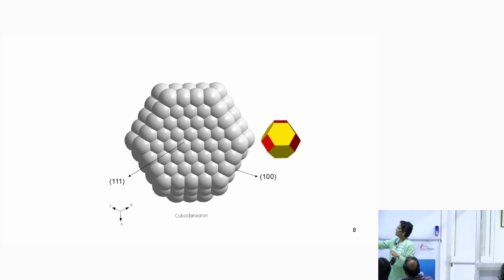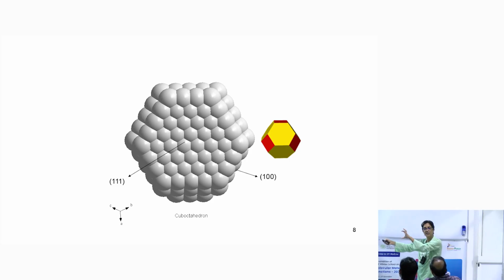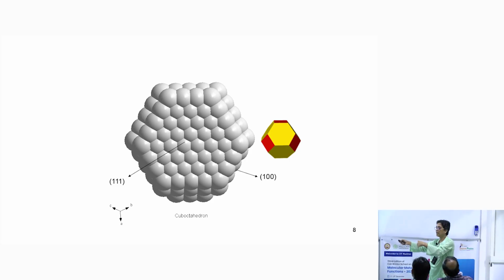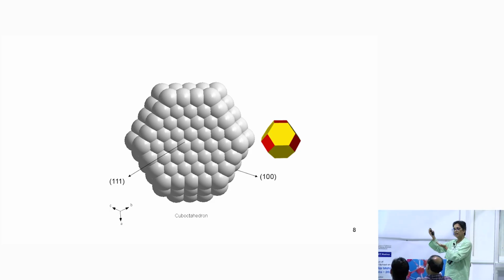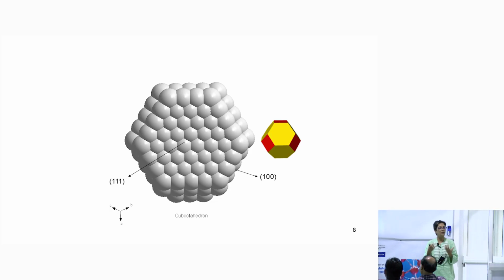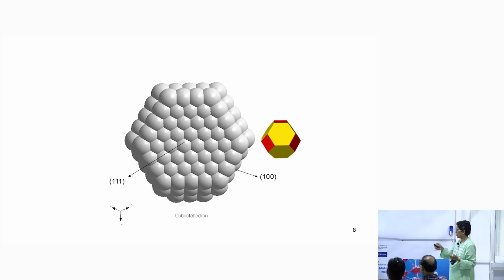So I have more 1, 1, 1 planes exposed, more and more close packed planes. So it becomes a cube octahedron, that's certain. Then it becomes a truncated cube octahedron. And finally, this is how it will look. So these, from cube octahedron to cubes to truncated cube octahedron, are all nanoparticle shapes which are normally present in nature. I mean, nature in the sense when we synthesize also.